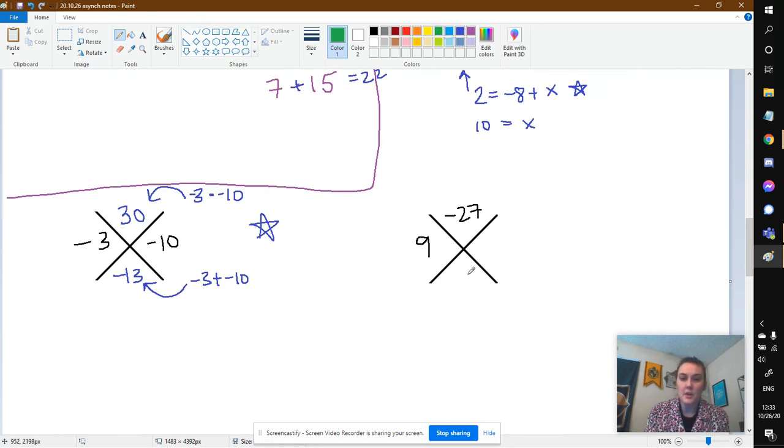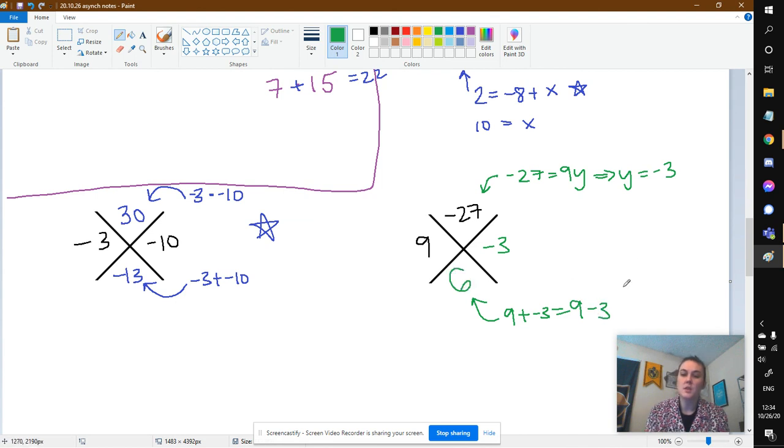Similarly for over here, if we have the top number, we know that negative 27 is 9 times the next number, which means y is negative 3. And now we add 9 plus a negative 3, which turns into 9 minus 3, which turns into 6 to finish out this X puzzle.